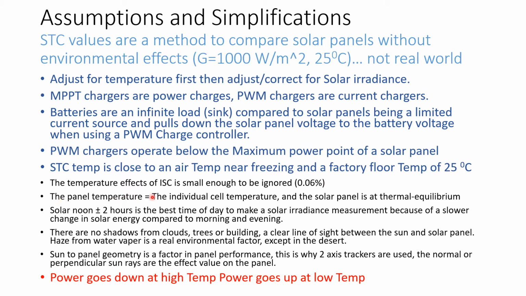The panel temperature is equal to the individual cell temperature, and the solar panel is at thermal equilibrium, meaning the sun's been shining for a while and the panel had a chance to warm up. Solar noon, plus or minus a couple hours, is the best time of day to make a solar irradiance measurement because of a lower change in solar energy compared to mornings and evenings.